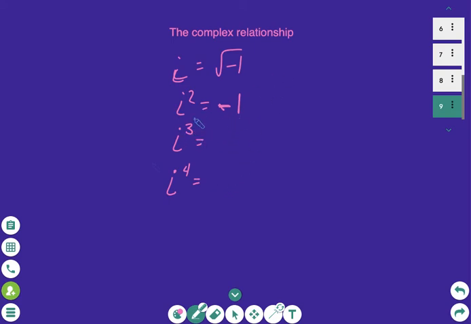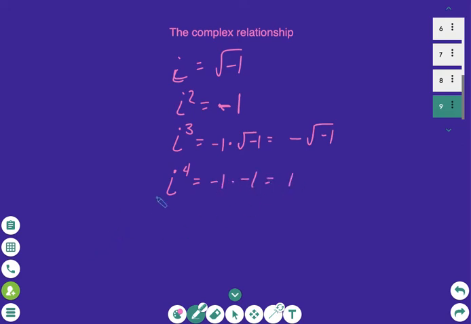So if you think about it, i cubed would be i squared times i, meaning -1 times the square root of -1, because i squared is -1 and i is the square root of -1, which gives us a negative square root of -1. Then i to the 4th would be i squared times i squared.